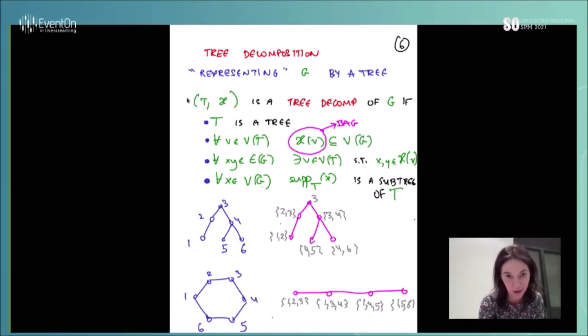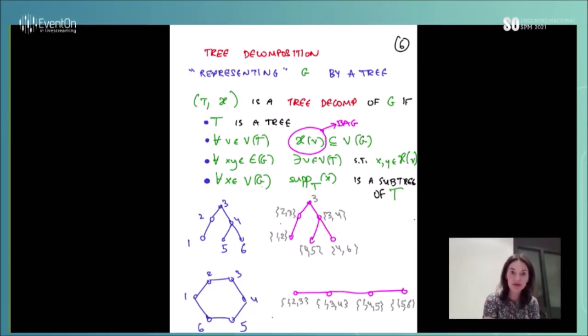So now let me tell you what it is really. I have a graph G, and a tree decomposition for G consists of two objects, T and X, where T is a tree. And X is a map that assigns to every vertex of the tree a subset of vertices of G. Imagine a tree, and on every vertex of the tree, you hang a bag of vertices that come from the graph you're trying to represent.